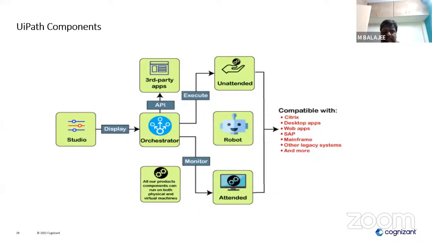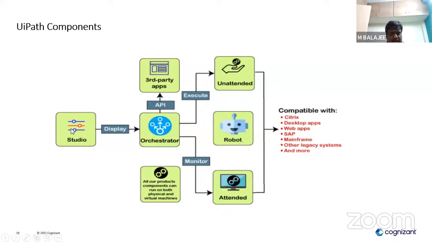These are the 3 main components in UiPath: one is UiPath Studio, the second is UiPath Orchestrator, and the third is Robot. UiPath Orchestrator can also use APIs to reach third-party applications. Now I'll explain all these 3 components.